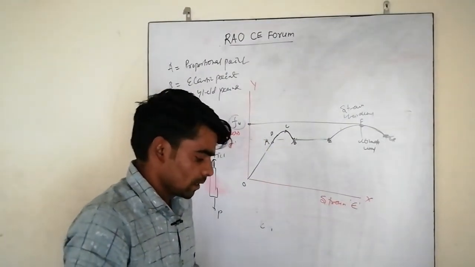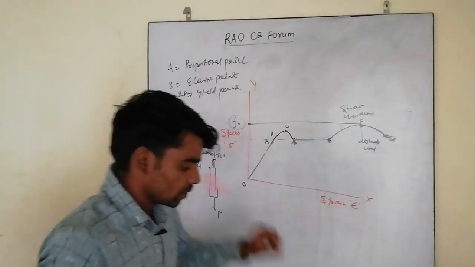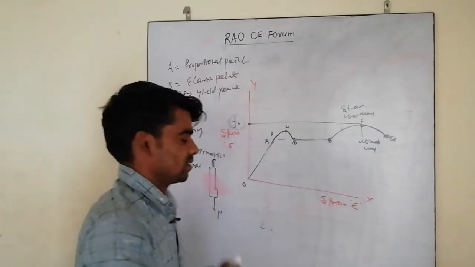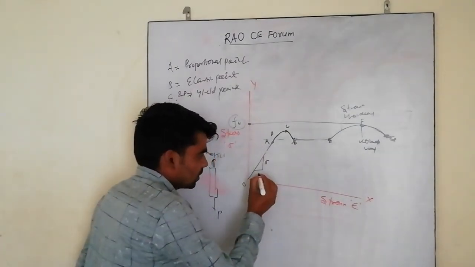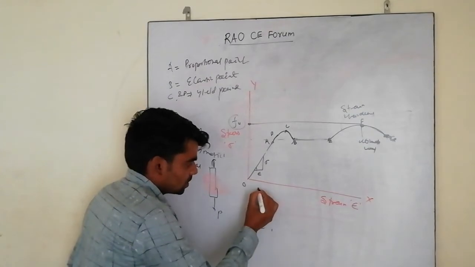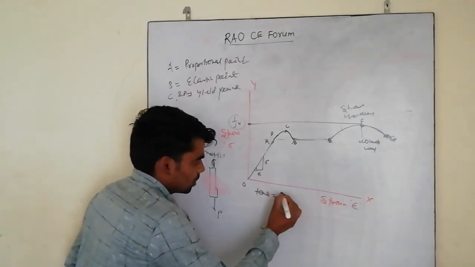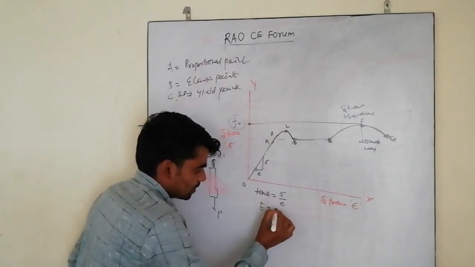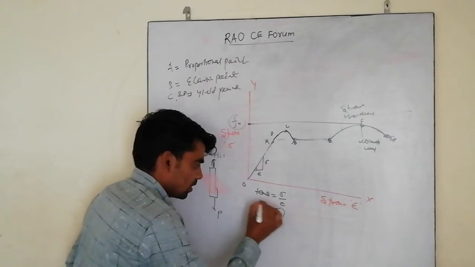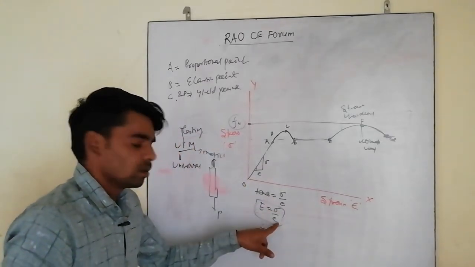Okay friends, you should notice the portion O to A. The O to A slope remains constant. This slope, tan theta, is equal to sigma divided by E. This is nothing but the modulus of elasticity, which means the ratio of stress to strain.